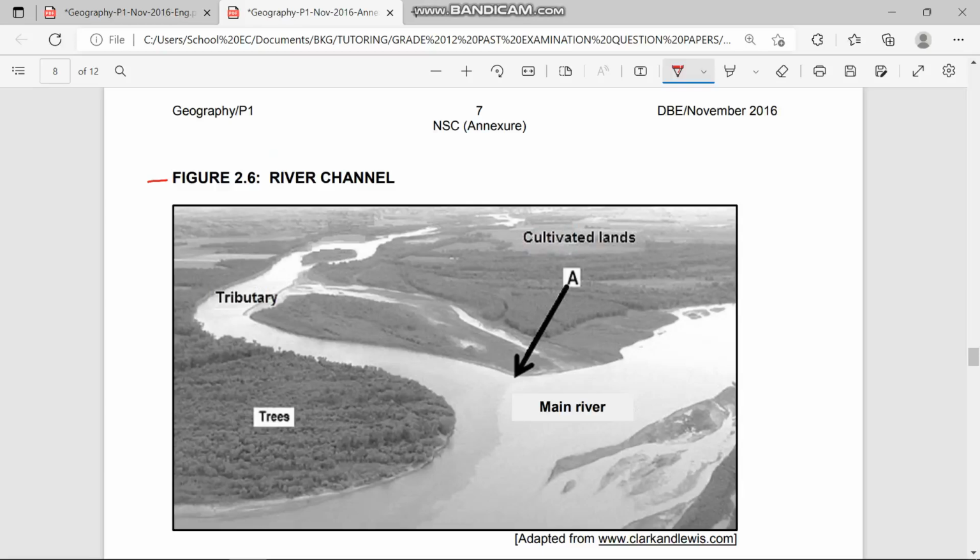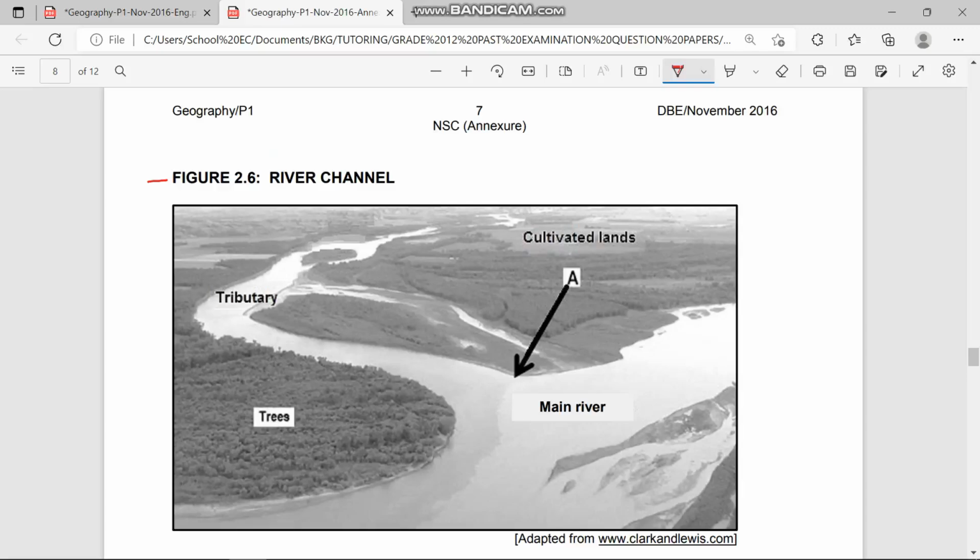The very first thing that I can see is that it's on a gentle slope, a gentle gradient. Secondly, when a river is on a gentle gradient, laminar flow is present, meaning that there is smooth, even flow on the river bed. So water flows in a laminar flow.